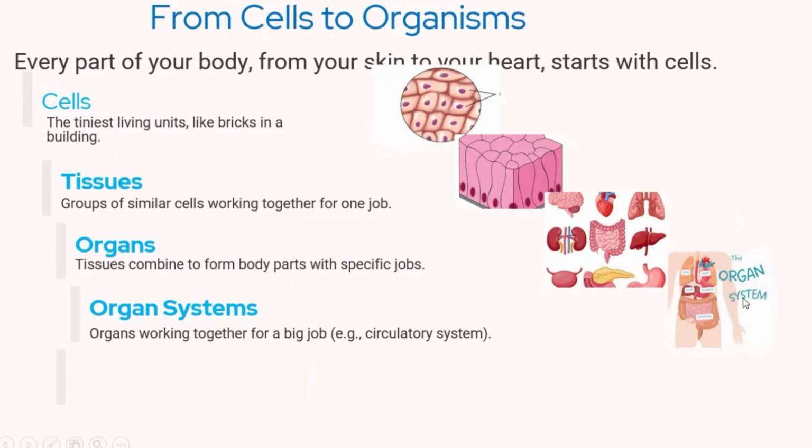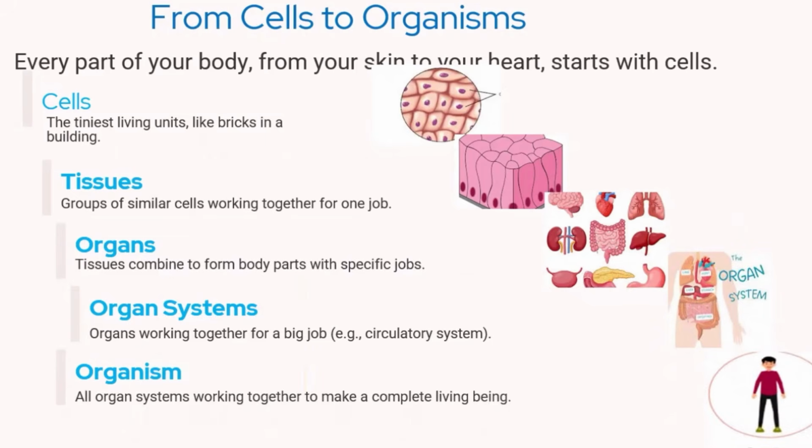An organ system has a name, like the circulatory system or the digestive system. We are going to talk about it. When these organ systems work together, they form something called organisms, like a human. All organ systems working together make a complete living organism. It can be a human, an animal, a cat, or a plant.